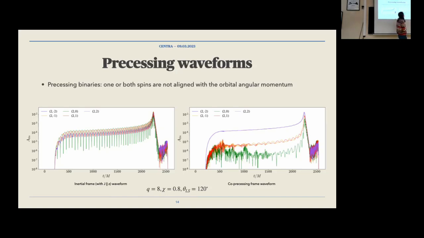Particularly early on, yes. So are those features actually modeled? No, not in our current model.